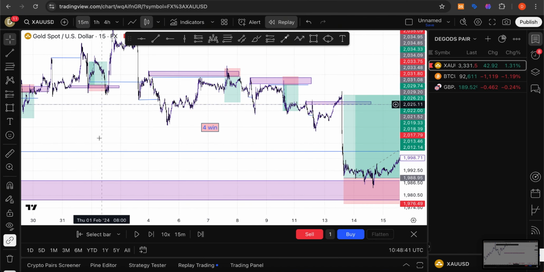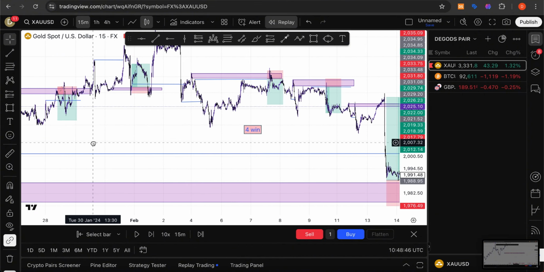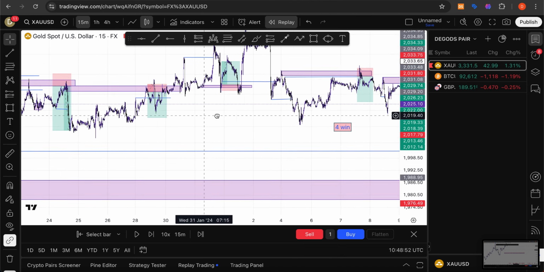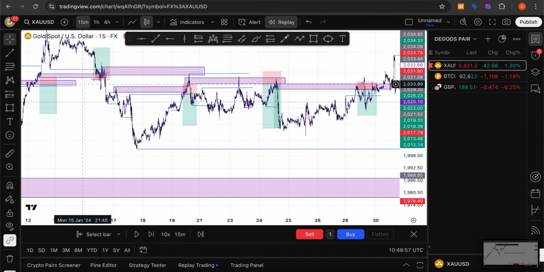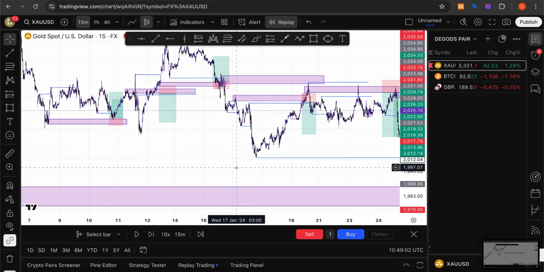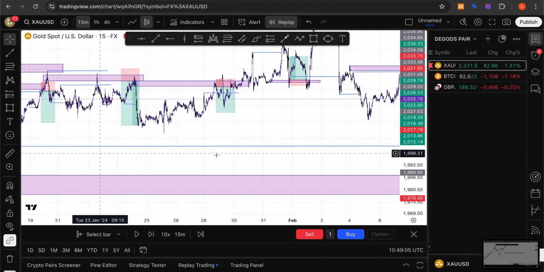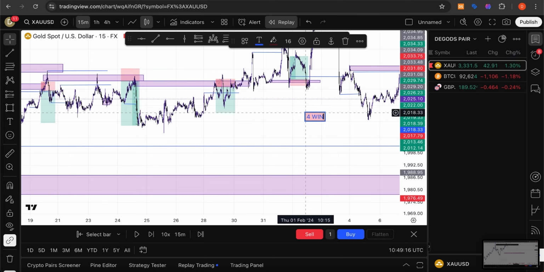1, 2, 3. 1, 2, 3, 4, 5, 6. So 4 win. So the win rate now, 4 win, 6 lost.